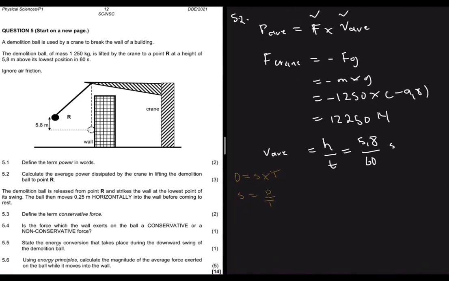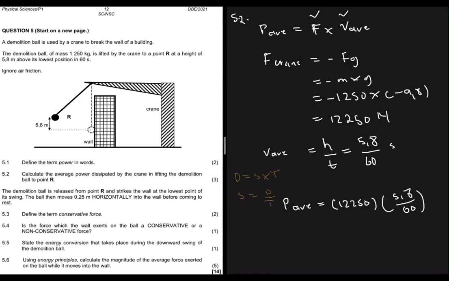right? If we put that back into our equation, we'll get power average equals 12,250 multiplied by 5.8 divided by 60. If I put that in the calculator, I get 12,250 multiplied by 5.8 meters divided by 60 seconds.